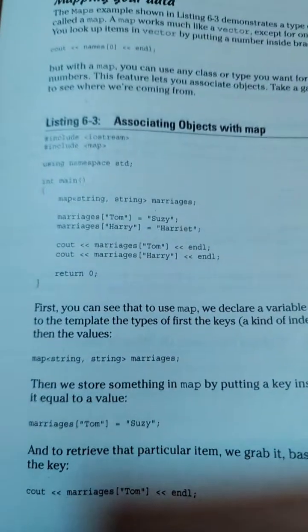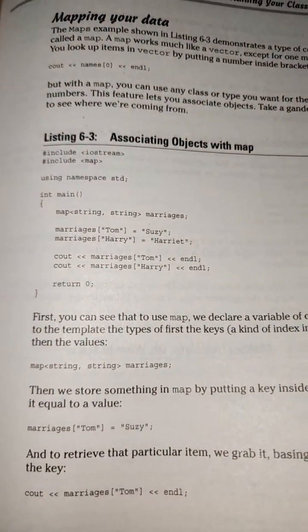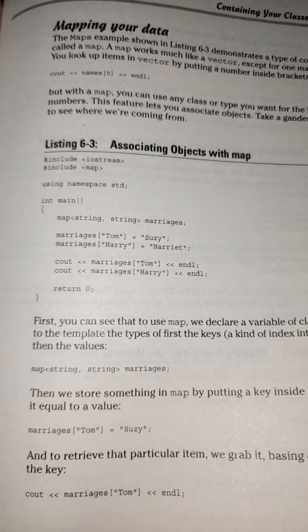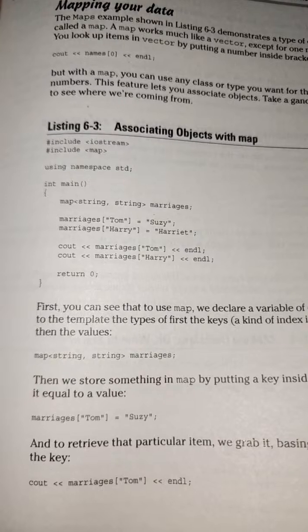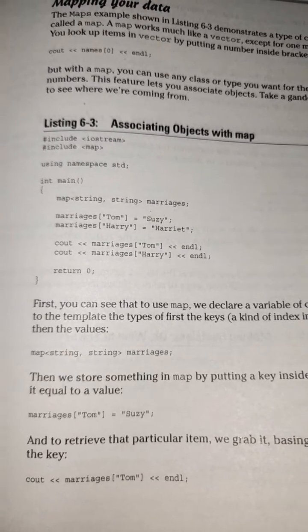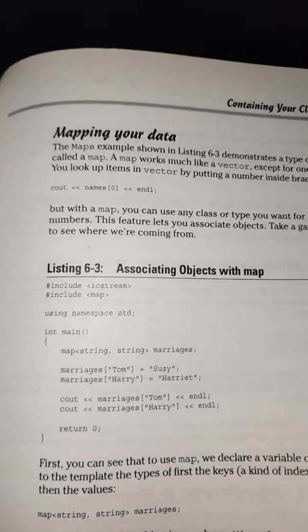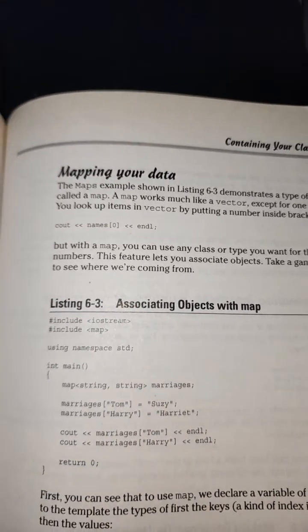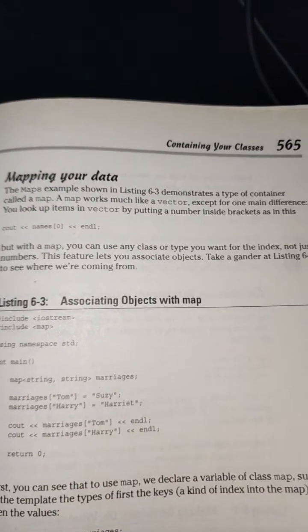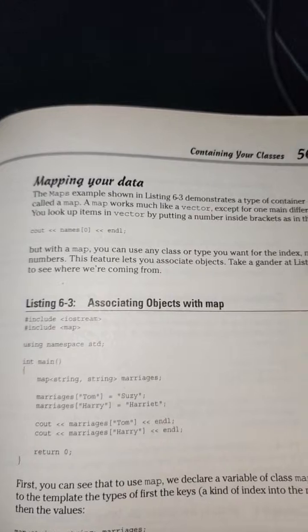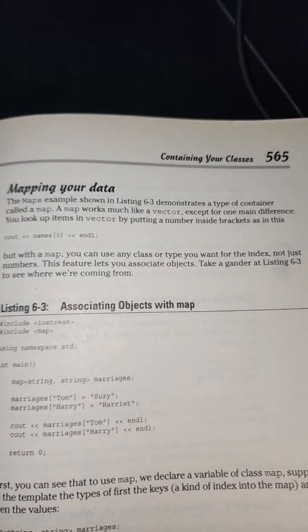You look up items in a vector by putting a number inside brackets, as in this: cout << names[0] << endl; But with a map, you can use any class or type you want for the index, not just numbers. This feature lets you associate objects.